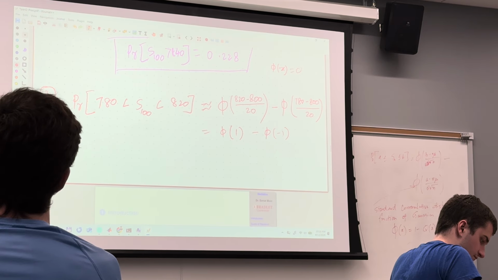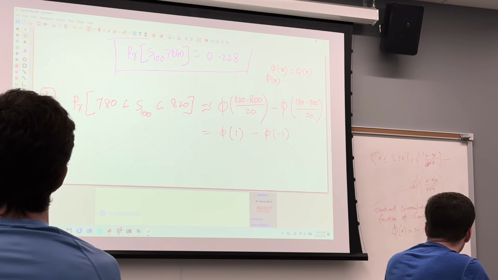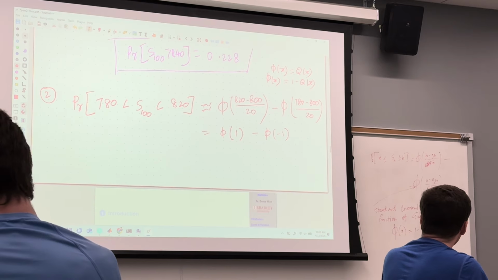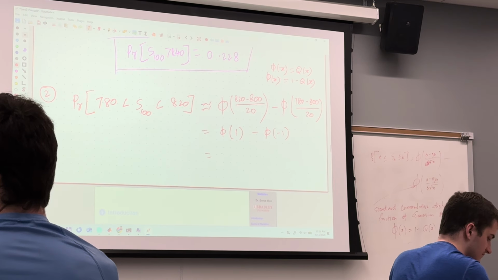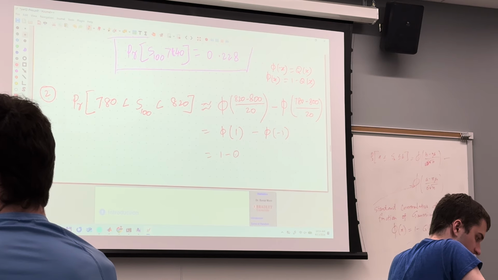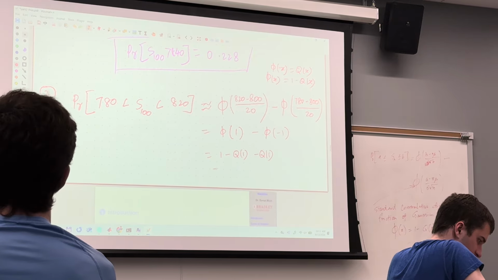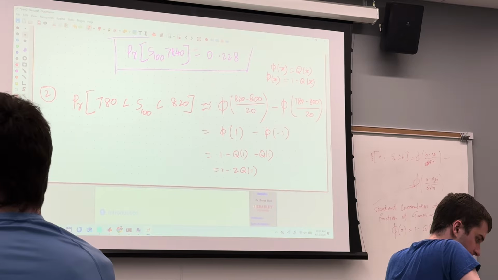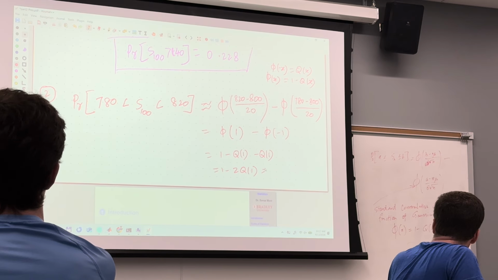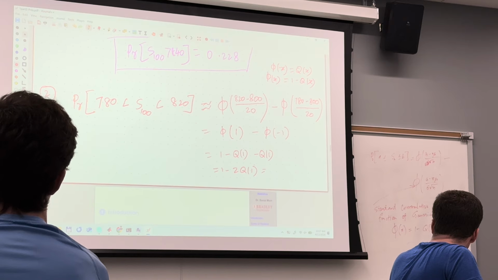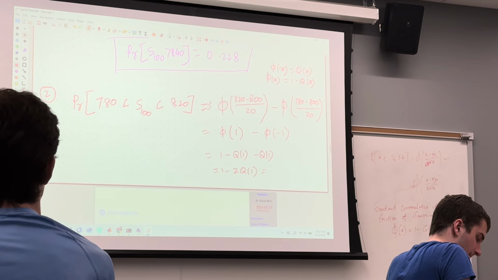Phi of negative x is basically Q of x, and phi of x is basically 1 minus Q of x. So we write it in terms of Q because you have access to the Q table. So you have 1 minus Q of 1 minus Q of 1, which is 1 minus 2 Q of 1, and Q of 1 is basically 0.1587.